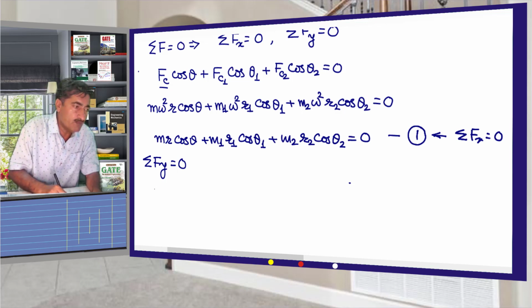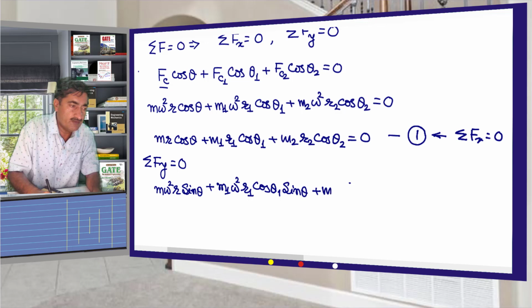Then the vertical component: m omega square r sin theta plus m1 omega square r1 sin theta 1 plus m2 omega square r2 sin theta 2 equal to 0.